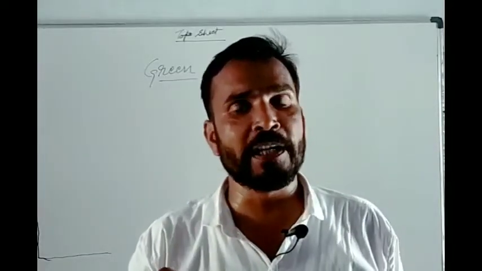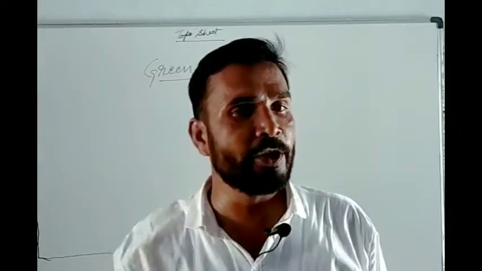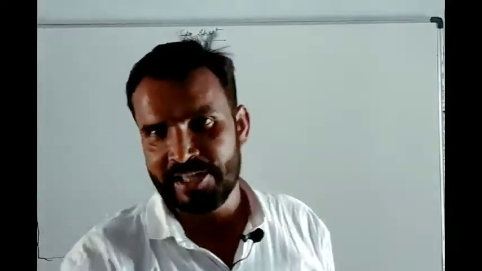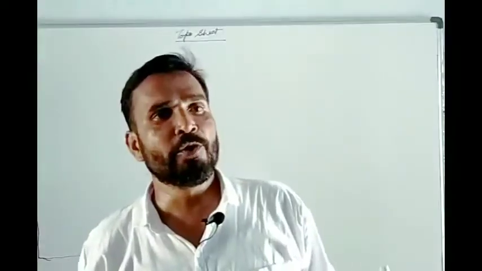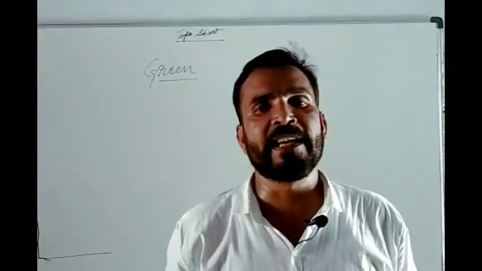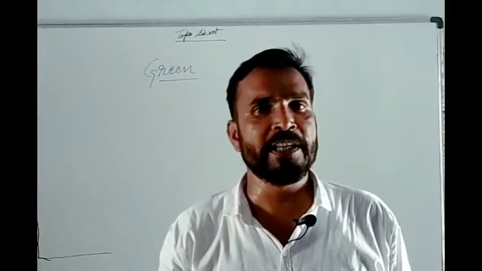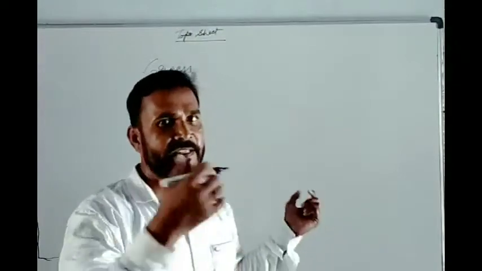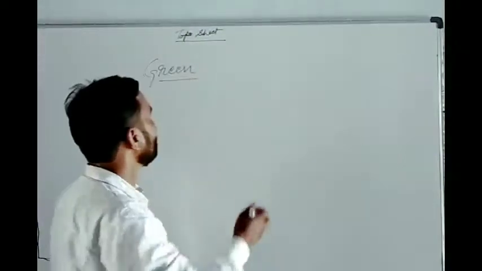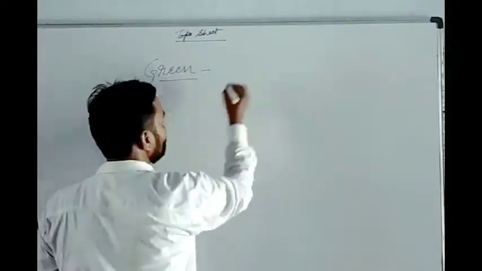You will not write lumbering, you will not write forestry. Some of the students, due to a misunderstanding, are writing forestry also. It is a wrong answer. This I am writing here. These things you have to mention.